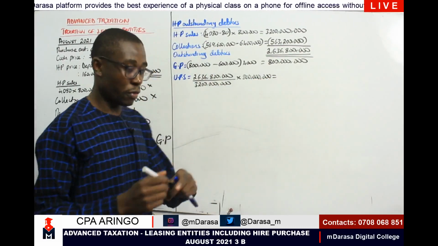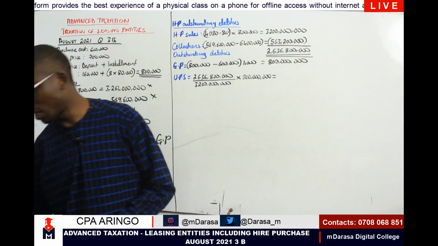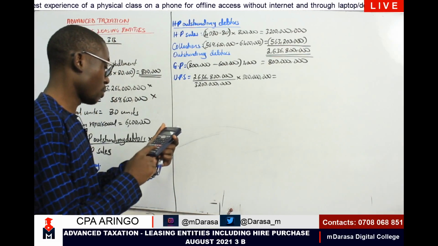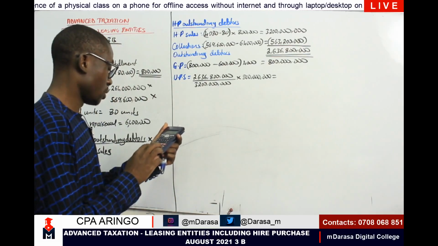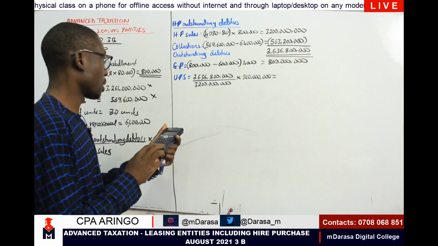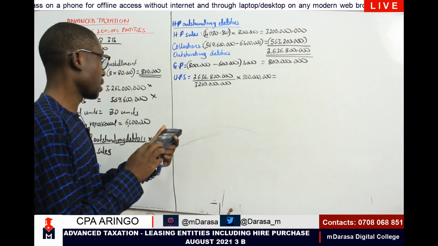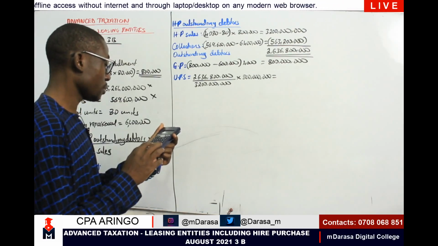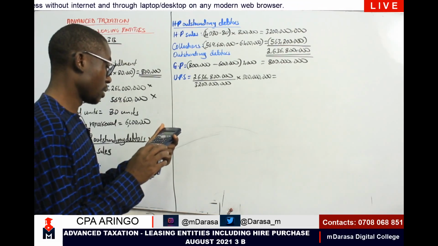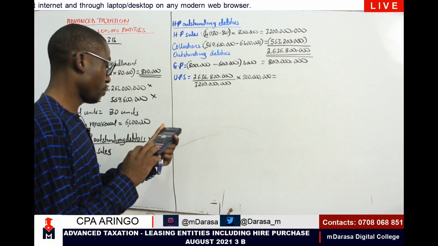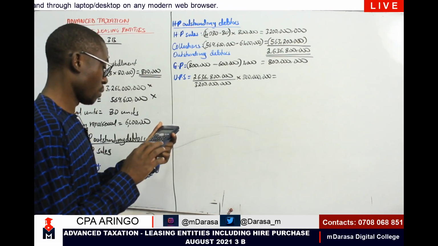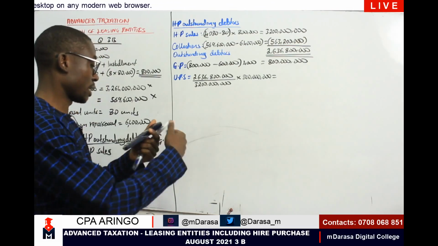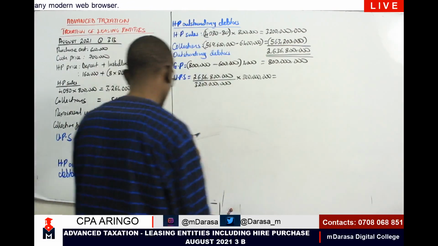So what will be our figure? I'm just going to work it out directly from the calculator. I take our answer, multiply by 2,636,800,000, and divide by 3.2 billion. Kindly confirm with Mwalimu.